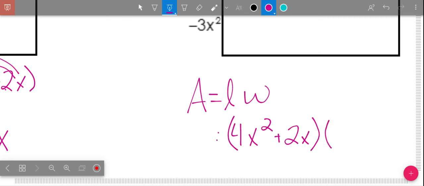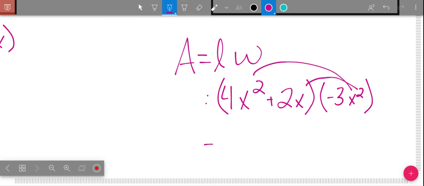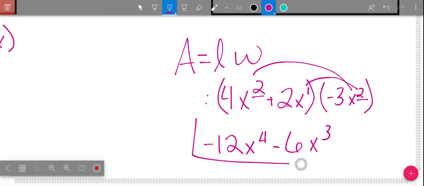And then our width was negative 3x squared. So we're going to just distribute that negative 3x squared. Negative 3 times 4 gives us negative 12. 2 plus 2 will give us x to the 4th. 2 times negative 3 gives me negative 6. And then 1 plus 2 gives me x cubed. And that's going to be your area.